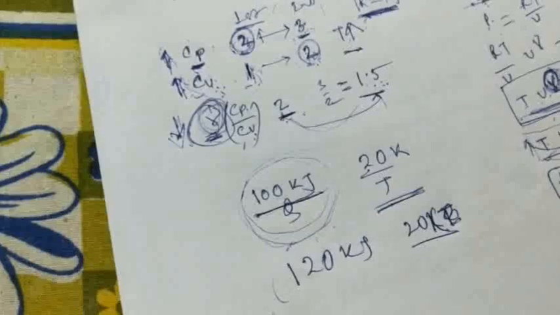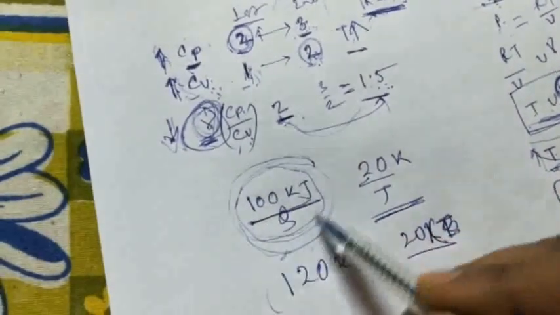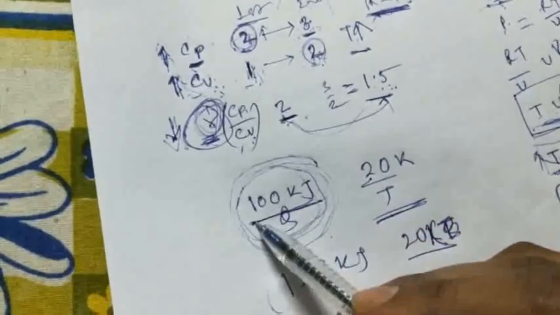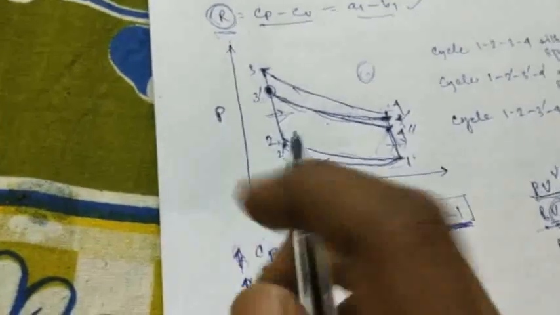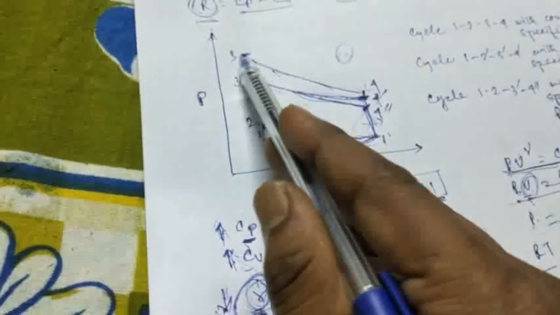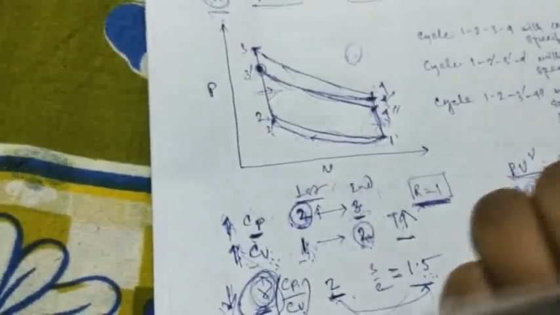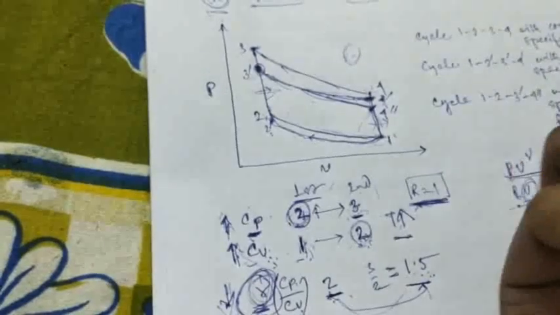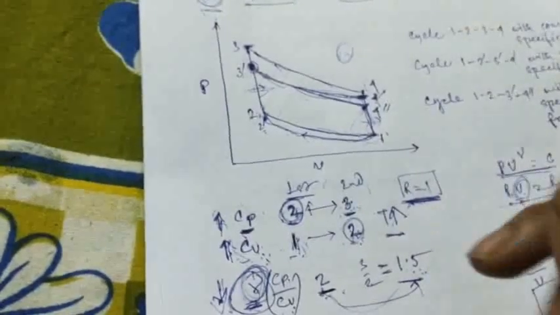That means now this 100 kilojoule will not be sufficient to increase the same amount of temperature, because with the variable specific heat, more heat is required to increase 1 degree temperature of the system, because specific heat is increasing.